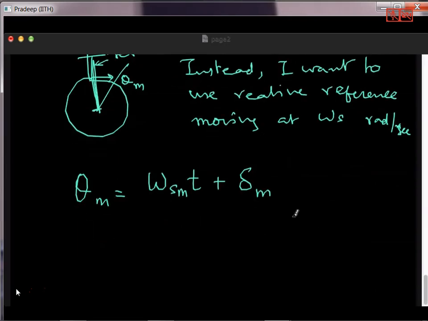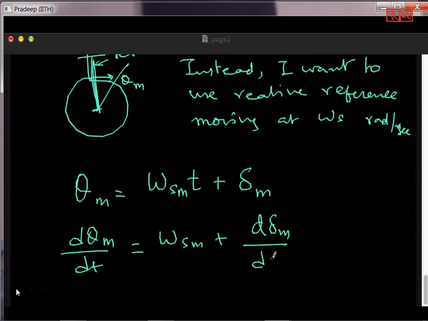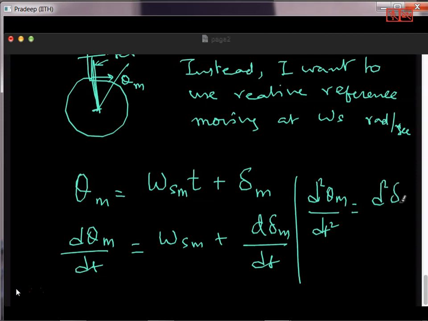Now if I differentiate this, I'll get omega s m, the time term will not be there, and then d by dt. If I differentiate once again, this is a constant now. So d2 theta m by dt square is equal to d2 delta m by dt square.